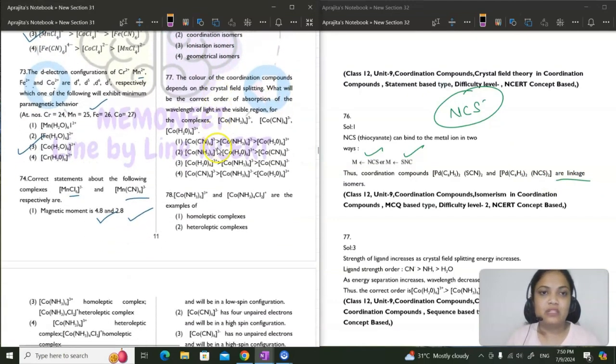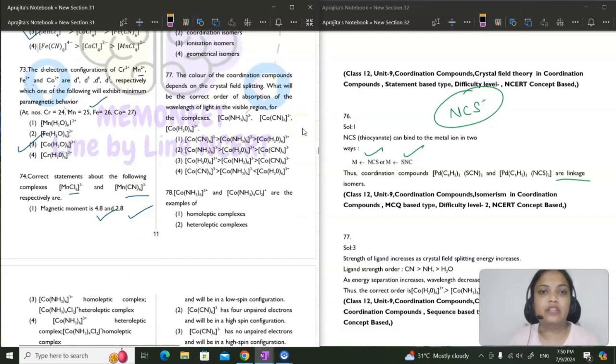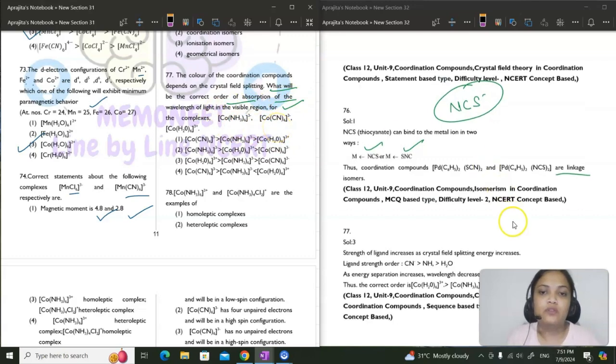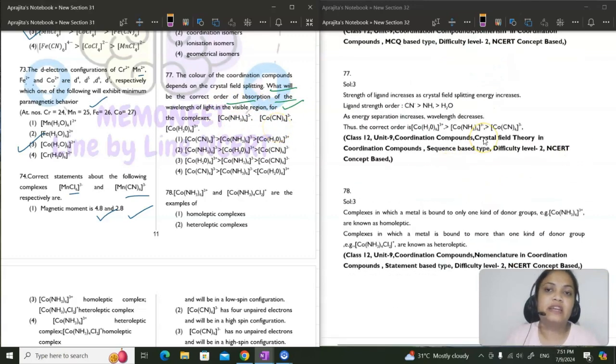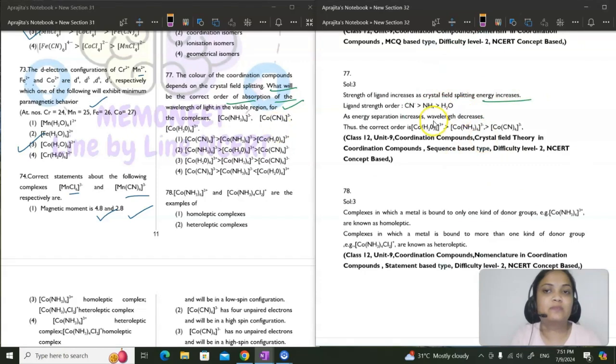Next is question number 77. The color of the coordination compounds depends on crystal field splitting. What will be the correct order of absorption of wavelength of light in visible region for these compounds? Now, the strength of ligand increases as crystal field splitting energy increases. So you know that cyanide is the strongest, then ammonia and then water.